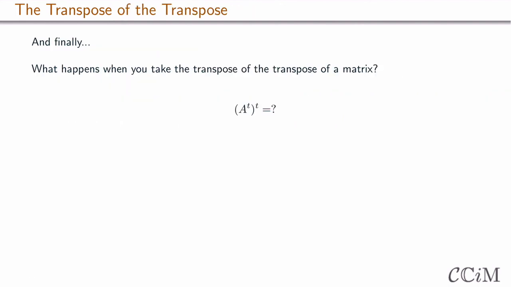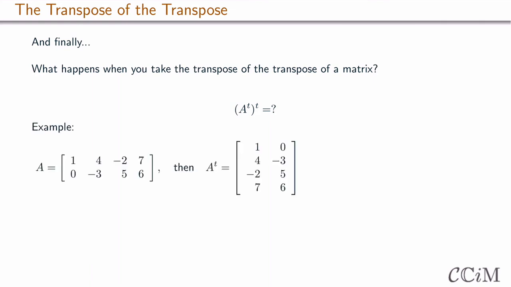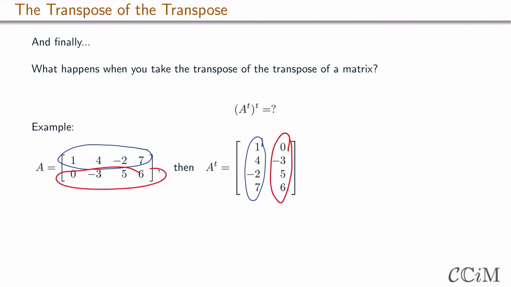Finally, what happens when you take the transpose of a matrix twice? Let's look at an example. Here's my matrix A, which is a 2 by 4 matrix. Then A transpose is found by taking the first row of A, making it into the first column of A transpose, taking the second row of A, and making it into the second column of A transpose.